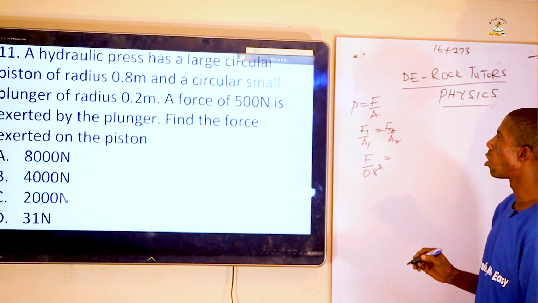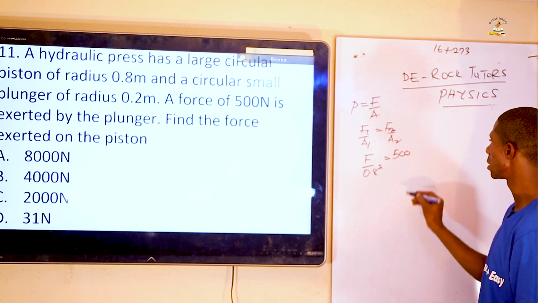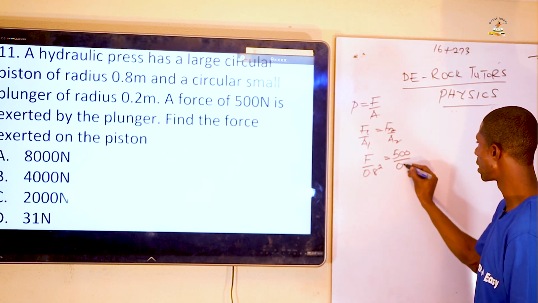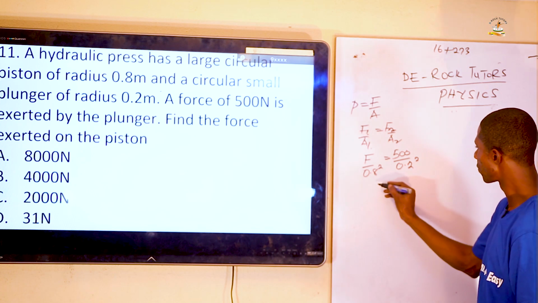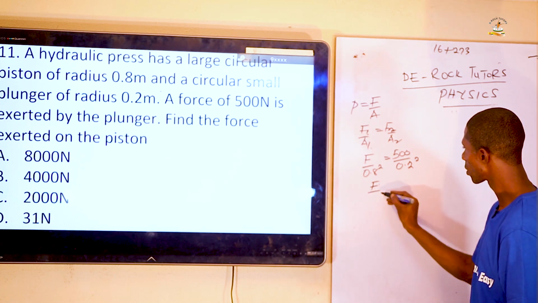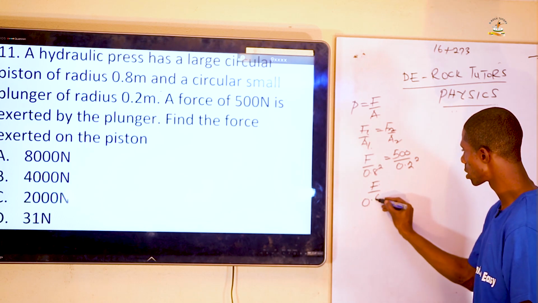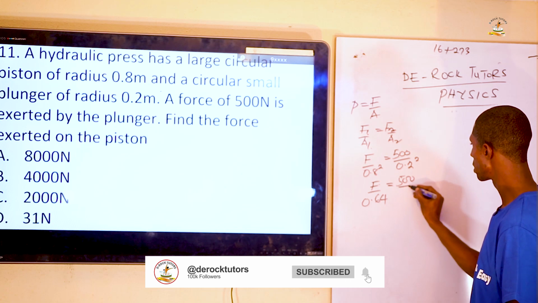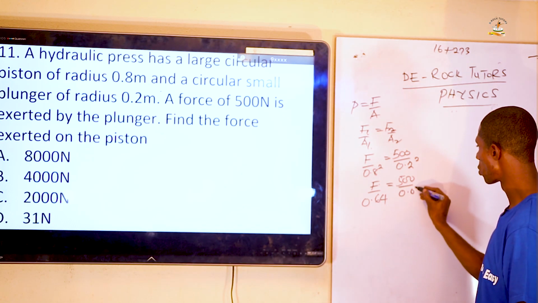So for the plunger, I have 500 Newton. Then for the radius, where we have it as 0.2, also being squared now. So what I will have to do, if I have F over 0.8 multiplied by 0.8, will give 0.64, equals 500 over, 0.2 multiplied by 0.2 will give 0.04.